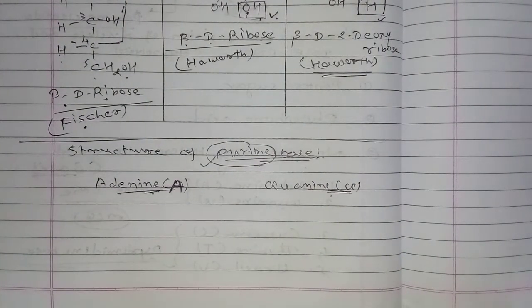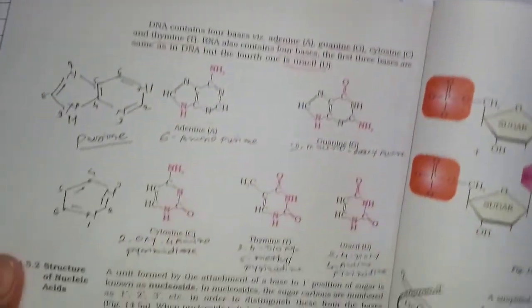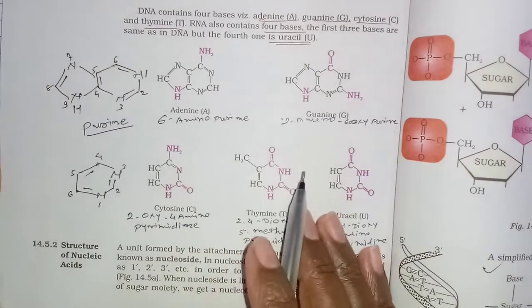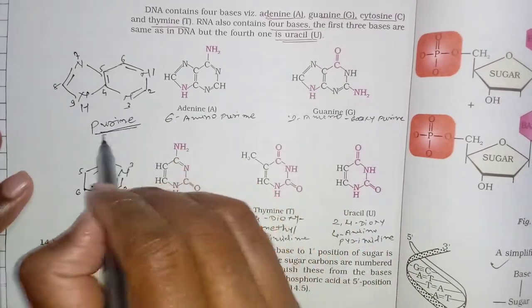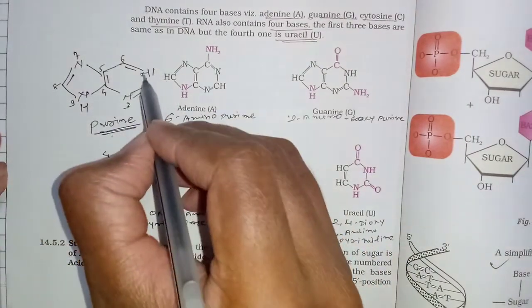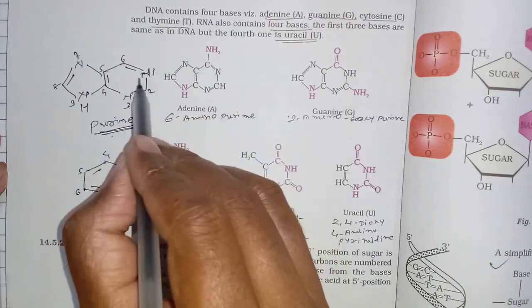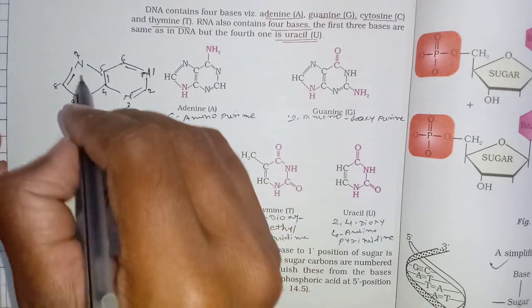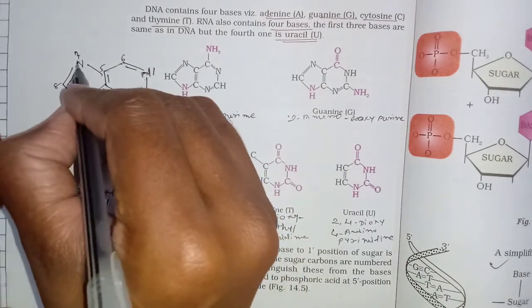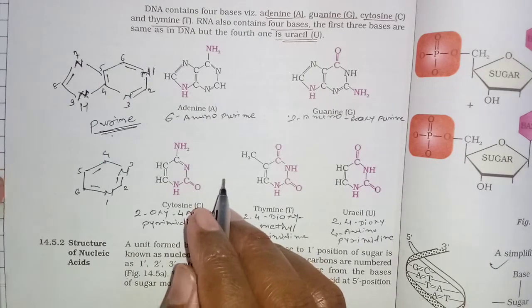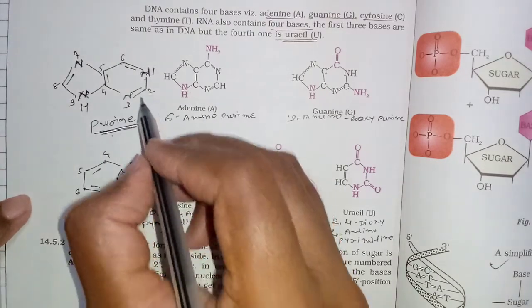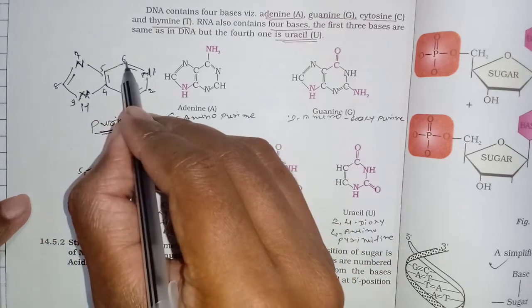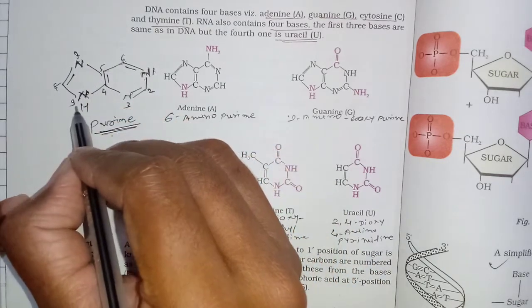The structure of purine contains 4 nitrogen atoms. The numbering is 1, 2, 3, 4, 5, 6, 7, 8 and 9.